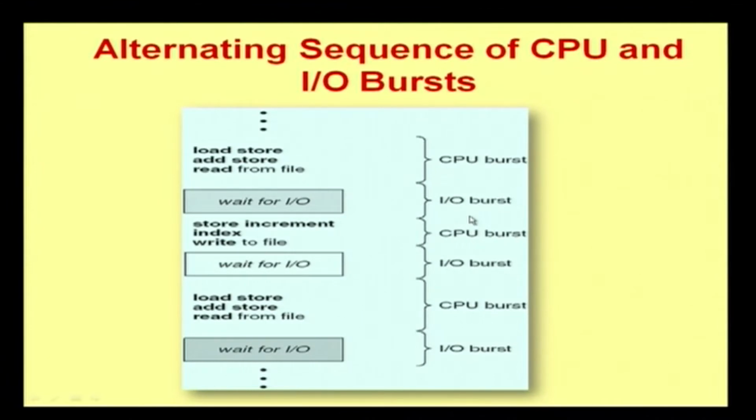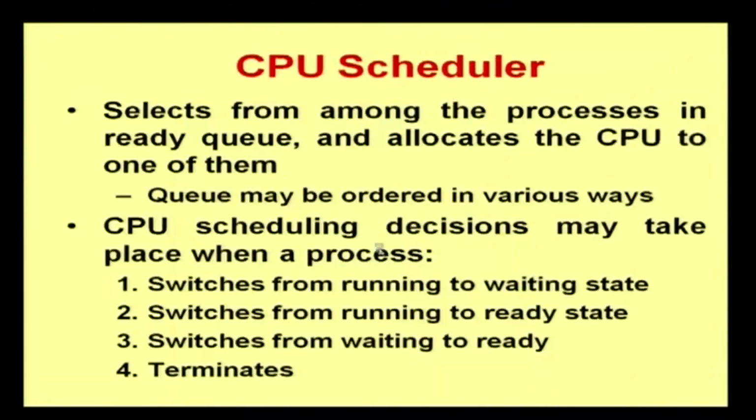IO is nothing but the input output devices. The input output devices get executed. The time allocated for executing an input output device we call an IO burst time. So that is given here, it is IO burst time. Then after this IO gets worked out, we again work with the CPU. So we have store increment, index, write to file, and so on. Likewise the CPU burst time and the IO burst time continue.